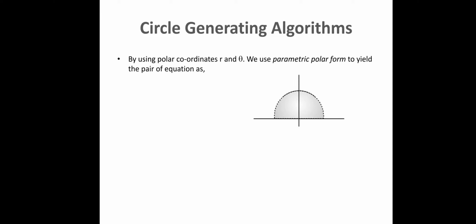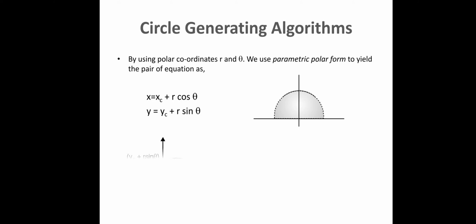Same for the circle, we have one equation that we have seen in the previous slide. Another form of equation is called the parametric form of the equation, okay? So how do we find that parametric form? It depends upon the polar coordinates of that circle, in the form of r and theta. R is nothing but the radius and theta is the angle that is shown over here, okay?